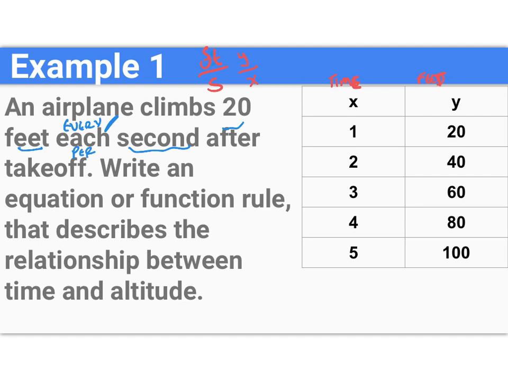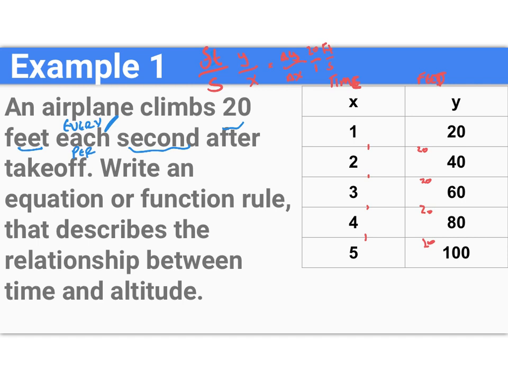The relationship is the change in y divided by the change in x. We see that x is changing by 1 each time, so the change in x is 1. The change in y is 20 each time. So that's 20 over 1, which gives us 20 feet per second, every second, each second.